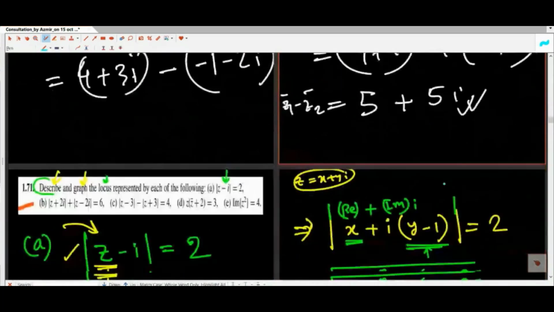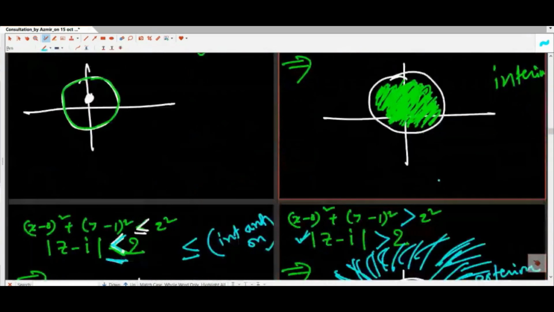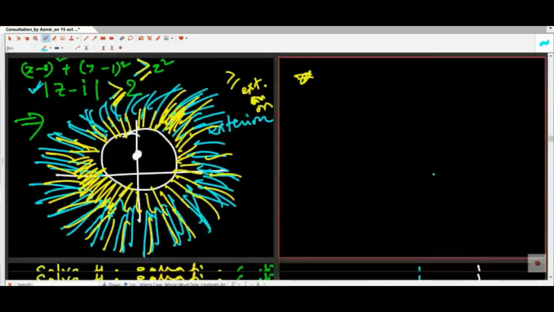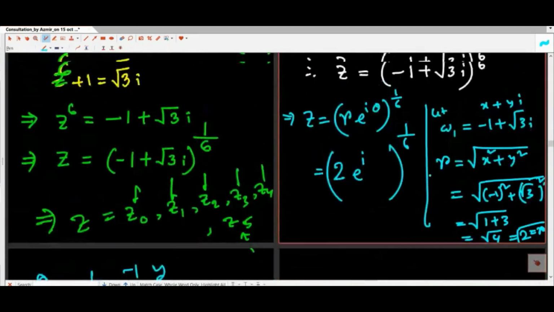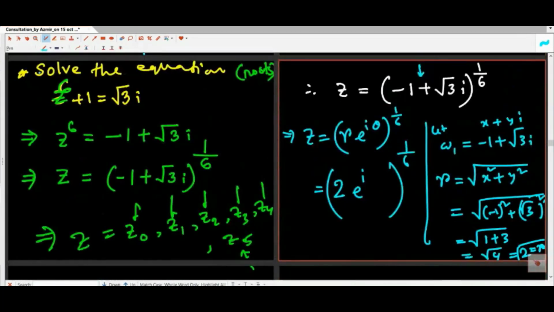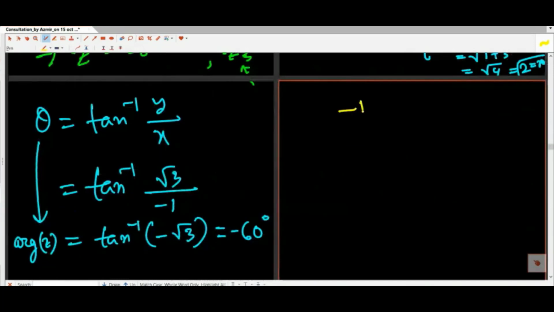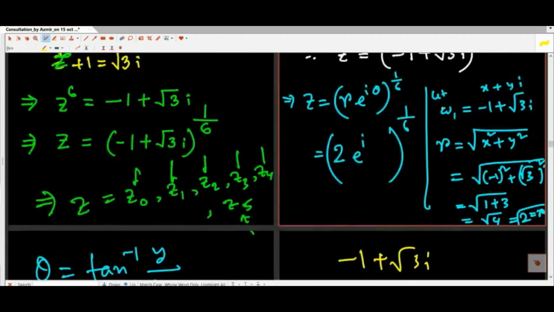So let us adjust the angle, but at first we have to think about the location of the point. So what is the point? Negative 1 plus root over 3i. This one, I am talking about this one.